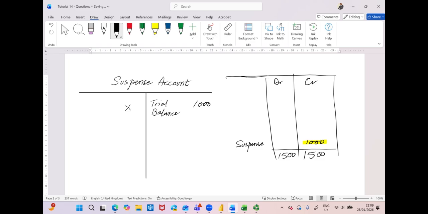And vice versa, if my credit side is £1,500 and my debit side is 500, I need to temporarily open a suspense account and write £1,000 in the debit column to make it 1,500. In my suspense account ledger I will enter this £1,000 on the debit side, because the 1,000 is in the debit column.